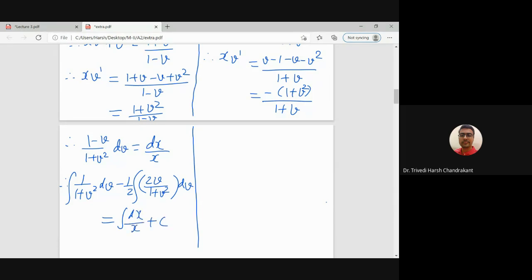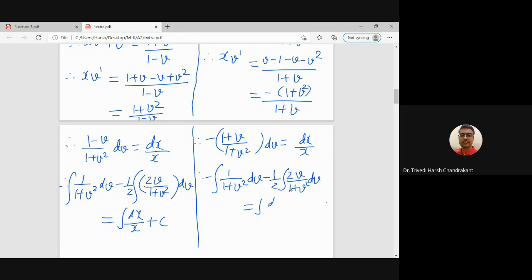On the other side, the equation will turn out to be, and to integrate it, we will get log c or log mod c, right?